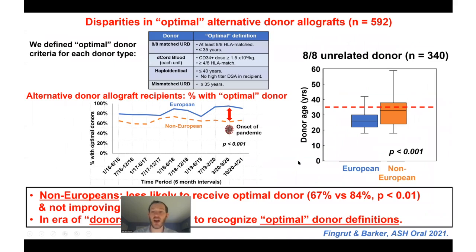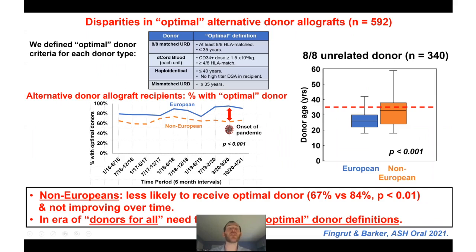Most recently, I, together with my mentor, Dr. Barker, looked at disparities in access to optimal alternative donor allografts of each type.